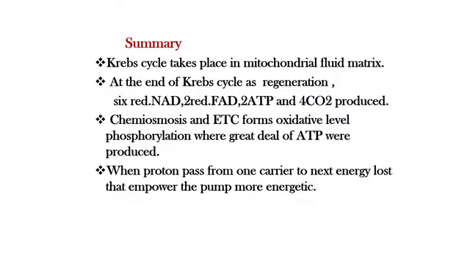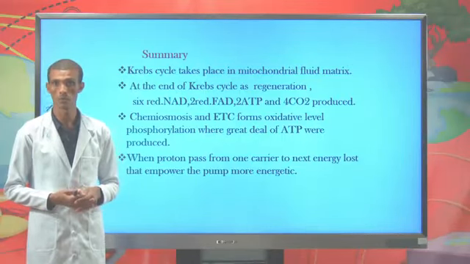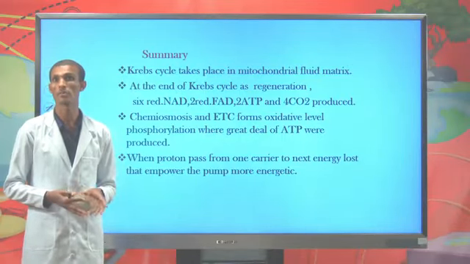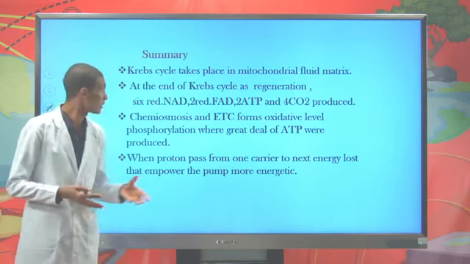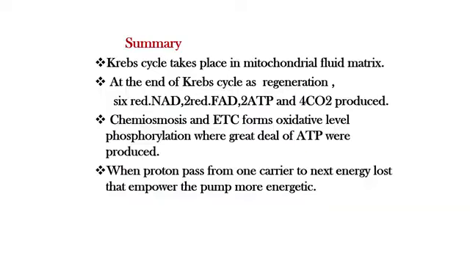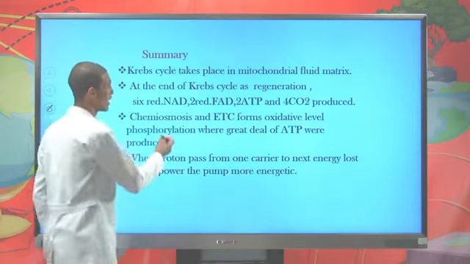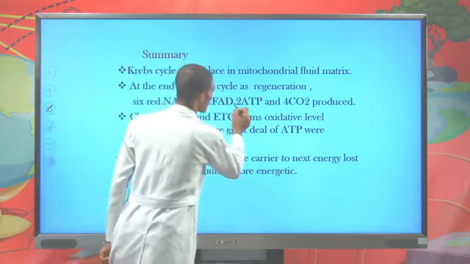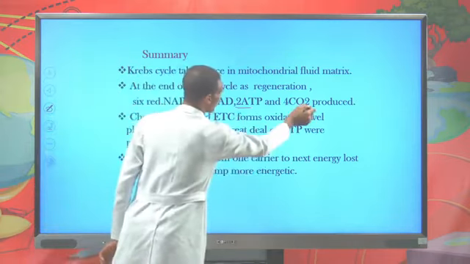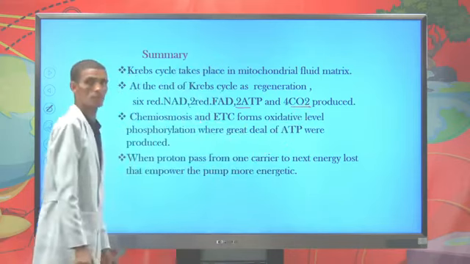In today's lesson, we have seen some reactions that take place in the fluid matrix of the mitochondria, which is the Krebs cycle. During the Krebs cycle, after regeneration of the original oxaloacetate, we obtain 6 reduced NAD, we obtain again 2 reduced FAD, 2 ATP by substrate level phosphorylation, and 4 carbon dioxide molecules.